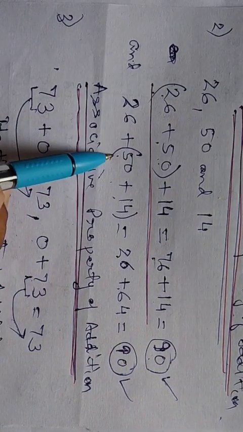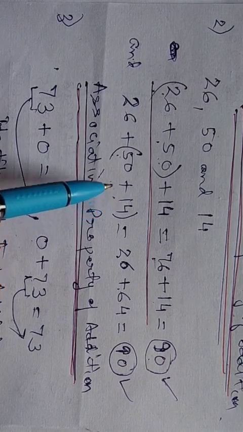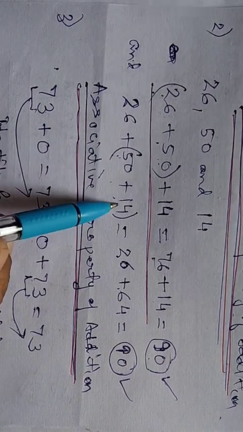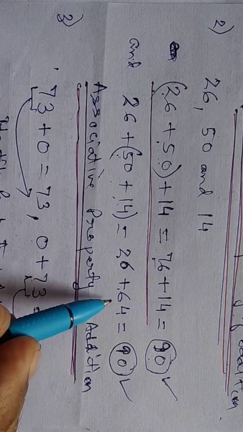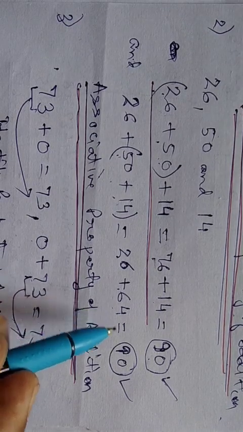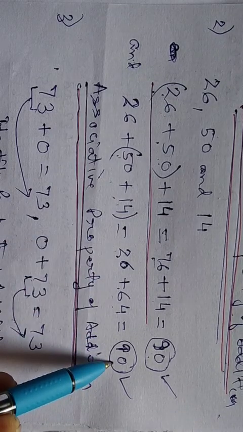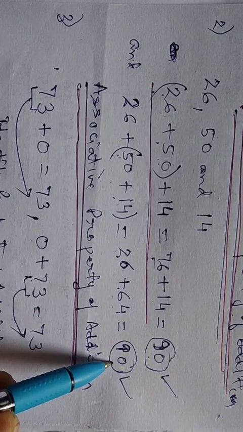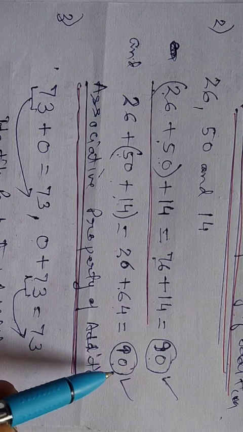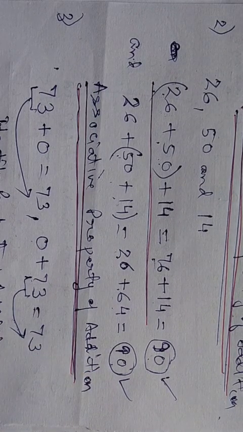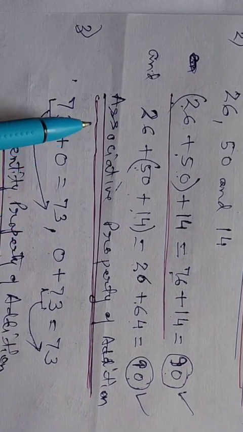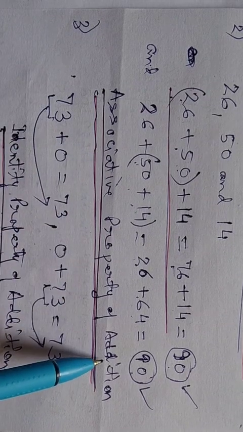Now children, if you add 50 and 14 first, so what will you get? 64. And after that children, you add the remaining number, that is 26. Again children, you are getting the same answer, that is 90. So children, what do we see? Both the cases answers are same. And this property is called, children, associative property of addition.